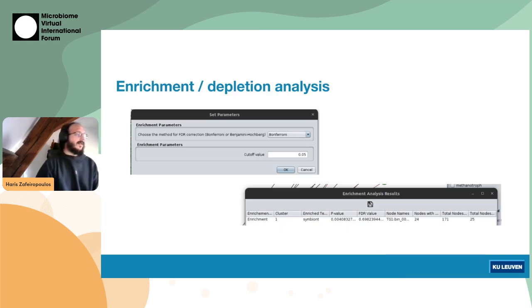Last, combining the node annotation with enrichment depletion analysis, you can run some tests and see whether a cluster on your network is enriched or depleted for a specific annotation.